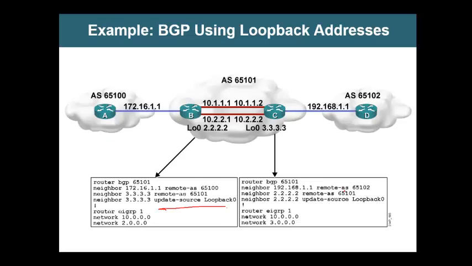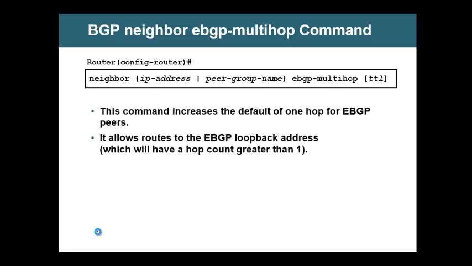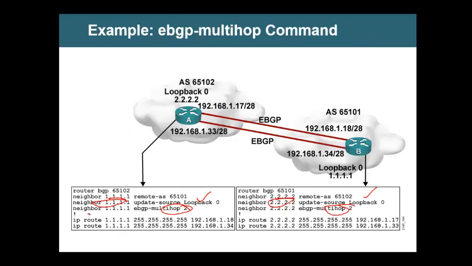In IBGP we just said neighbor 3.3.3.3 and then update-source loopback 0. That's all we did in order to form a neighbor using loopback between IBGP peers. But between eBGP you need additional configuration, one more extra line called ebgp-multihop.